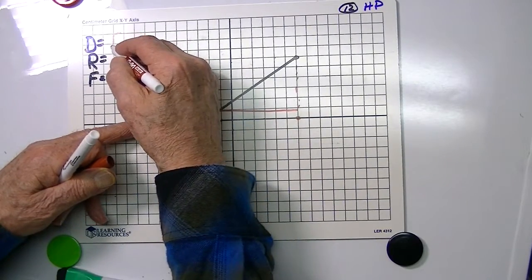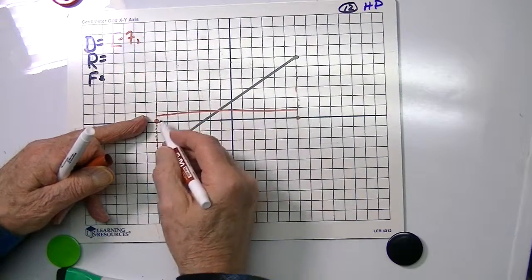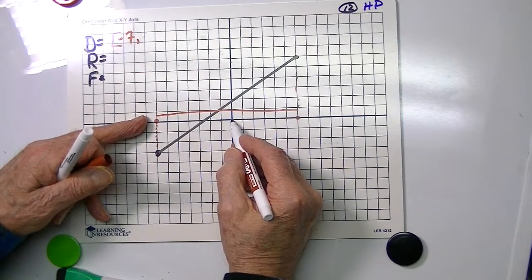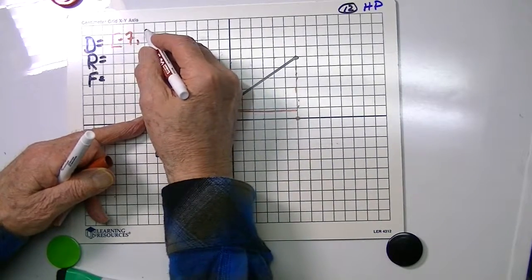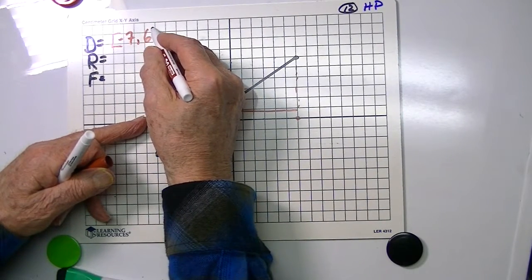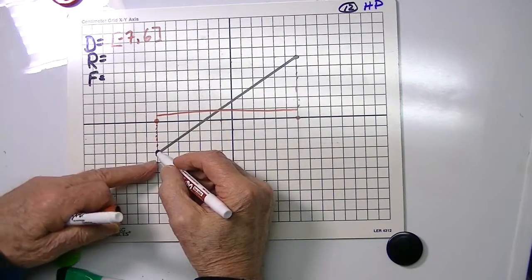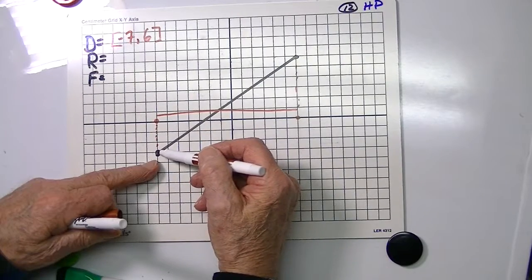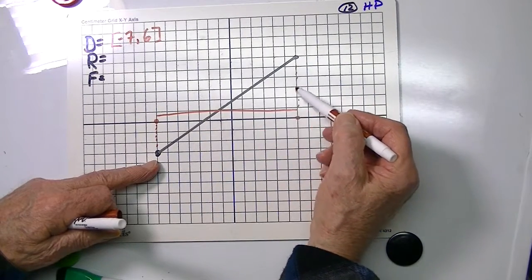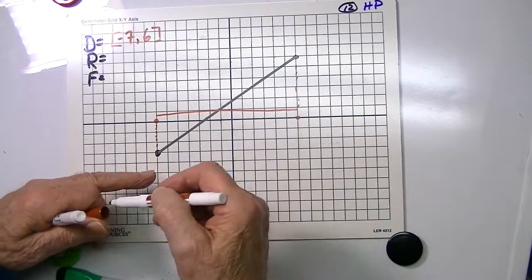So from -7, comma, and go to 1, 2, 3, 4, 5, 6. And we're using brackets because the point -7 is in the set and 6 is in the set.